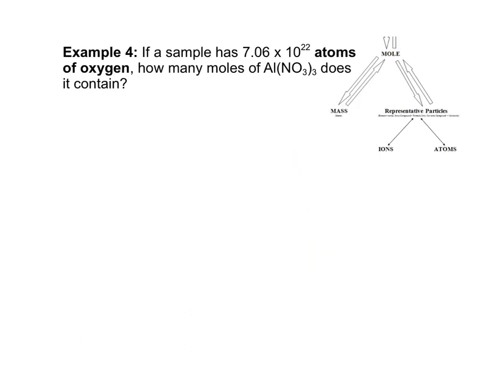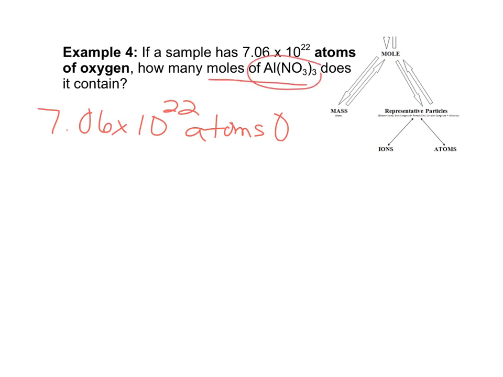All right, last example for today. If a sample has 7.06 times 10 to the 22nd atoms of oxygen, how many moles of aluminum nitrate does it contain? So we always start with what we're given, 7.06 times 10 to the 22nd atoms of oxygen, and we're headed to moles of aluminum nitrate.